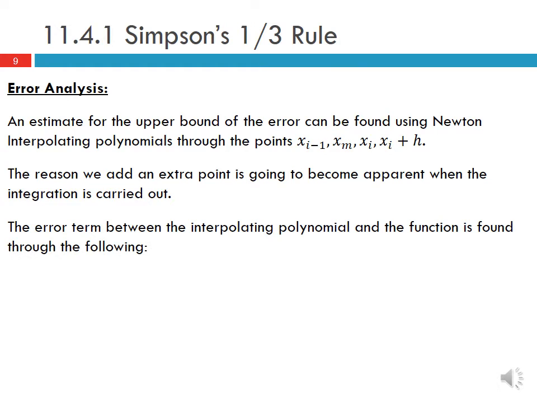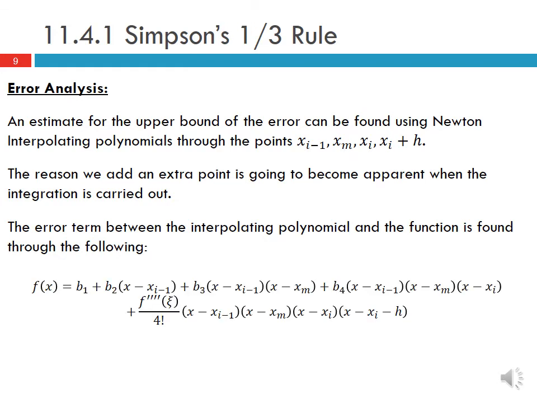So the error term between the interpolating polynomial and the function is found through the following procedures. We can define this Newton interpolating polynomial as shown here, where in this case xi is within our interval x_{i-1} to x_i plus h, and it is dependent on x.